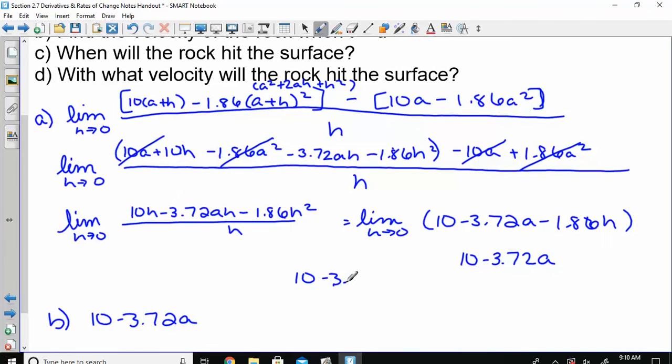So if you plug in a 1, you get 6.28. Velocity would be in meters per second. Part A was asking at a particular point. You could have plugged in the 1 at the very beginning, but I knew in part B I was going to ask for the formula, so I just did it with the a, and then you can plug in any time I might give.